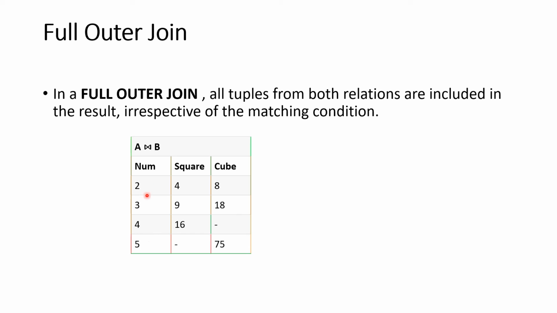So these 2, 3 tuples were common. This 4 was in left and this 5 was in right. So this 4 was in left, so here this value is absent or not present. And this was 5 and 75 was in the right side table, so this value is not present. So we can take these values as null.